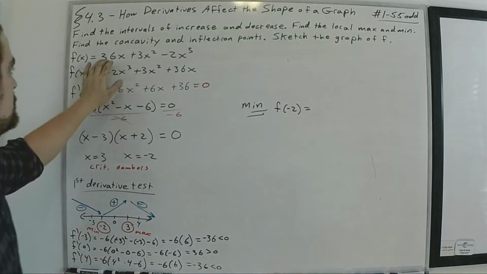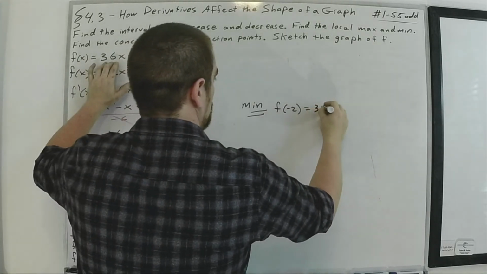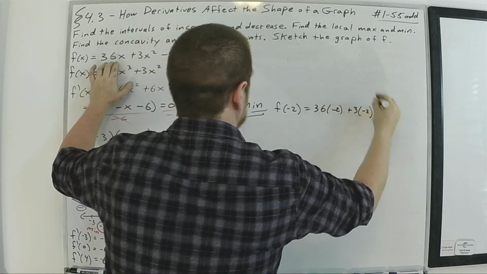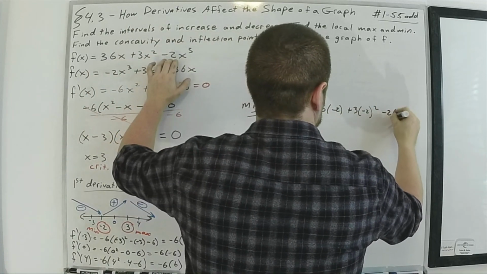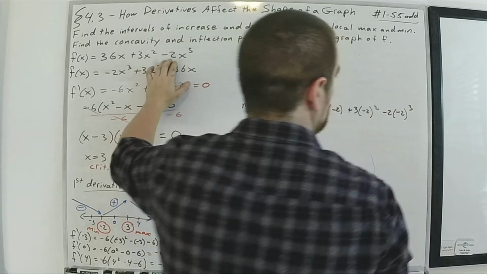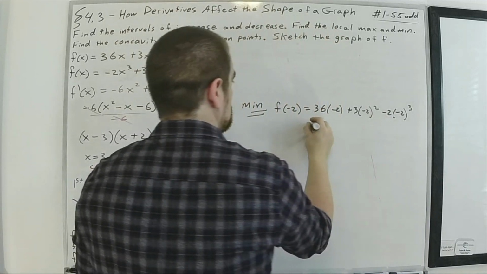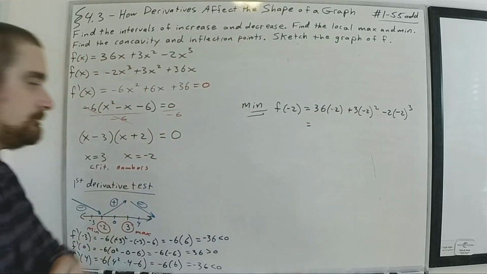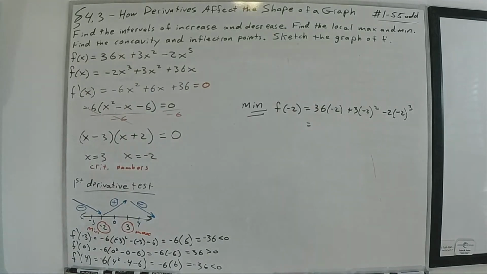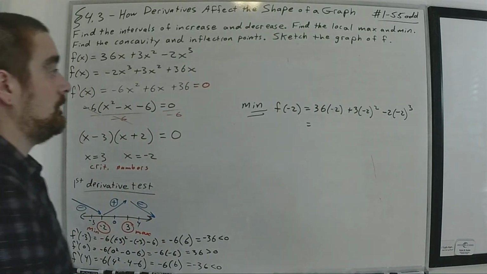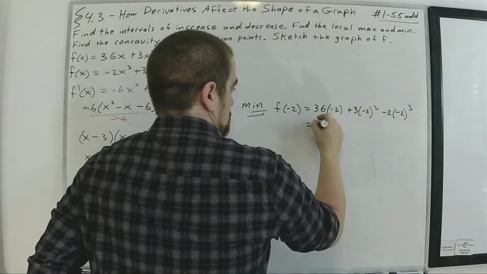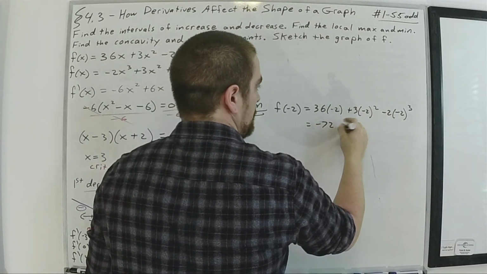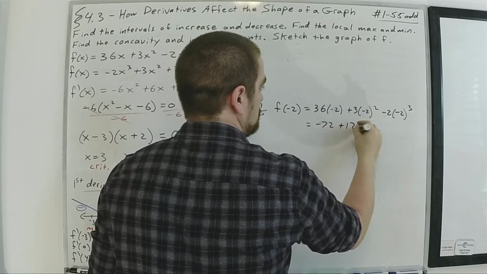F of negative 2 is going to be, and I'll go back to the very original, 36 times negative 2 plus 3 times negative 2 squared minus 2 times negative 2 cubed. So this gives us negative 72. That'll be positive 4 times 3 is plus 12.